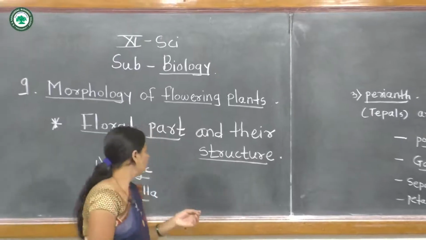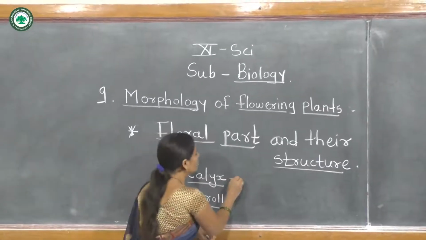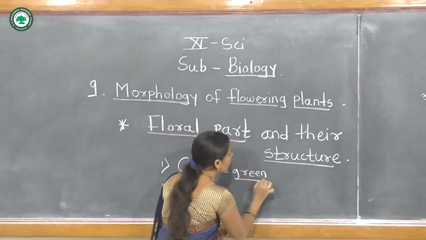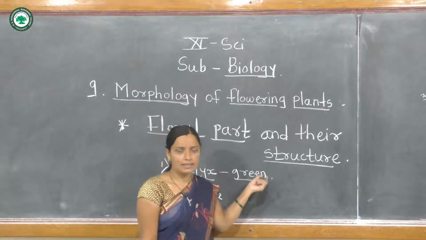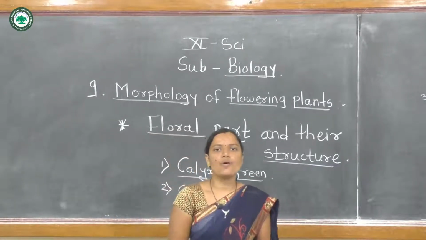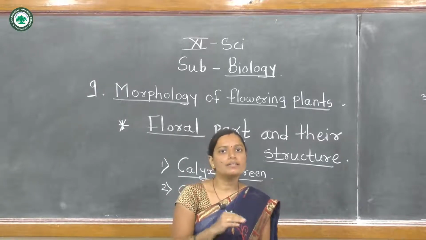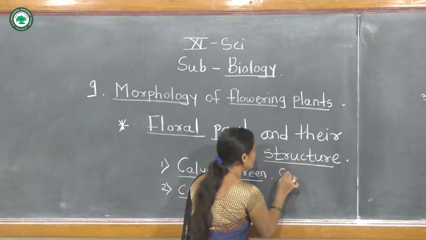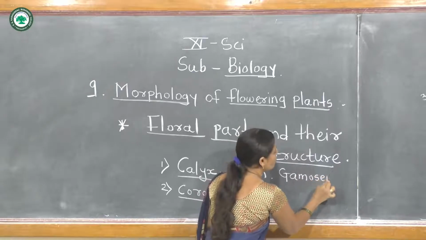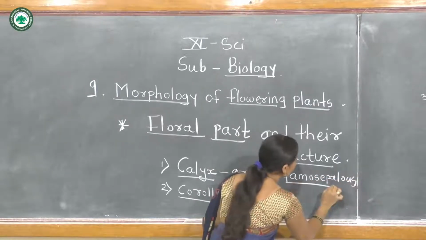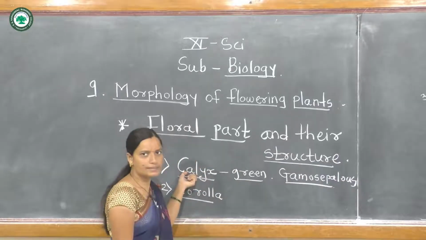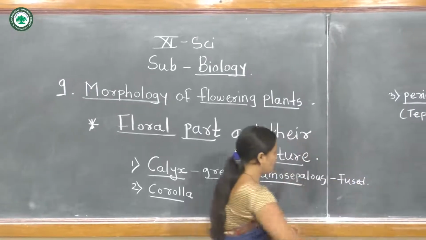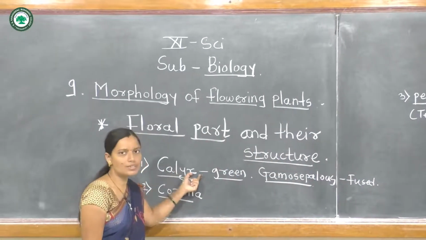The first part is the calyx, which is green in color. In some flowers the calyx is fused, and in some flowers the calyx is free. Individually each part of the calyx is known as a sepal.